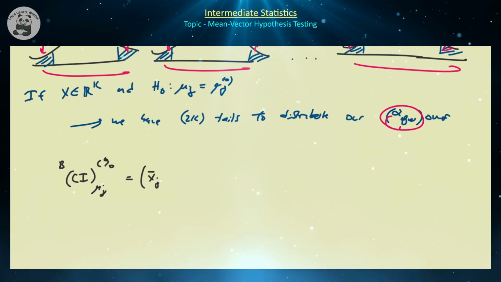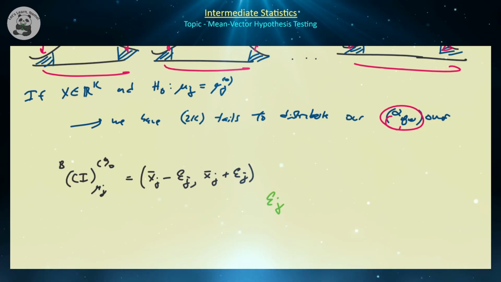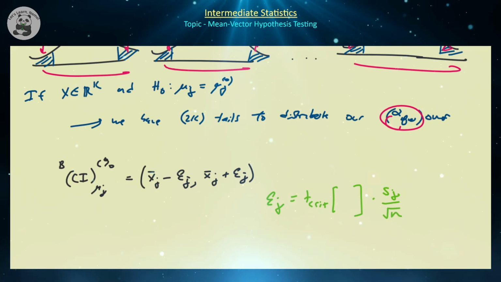So this is going to be equal to x bar j minus epsilon j and x bar j plus epsilon j, where our epsilon j is going to be given by our t critical value associated to some level of alpha in the tails times our typical standard error sj divided by the square root of n. So keep in mind, since we're pooling our alphas together into what we call a family-wide alpha value, and since we have 2k tails to distribute that alpha over, we're going to be distributing our alpha fw divided by 2k in each of those tails.